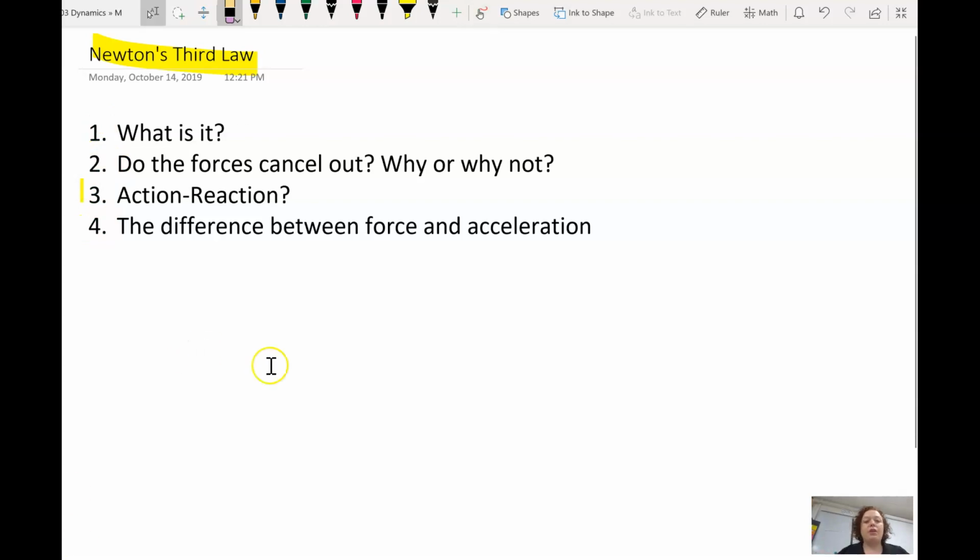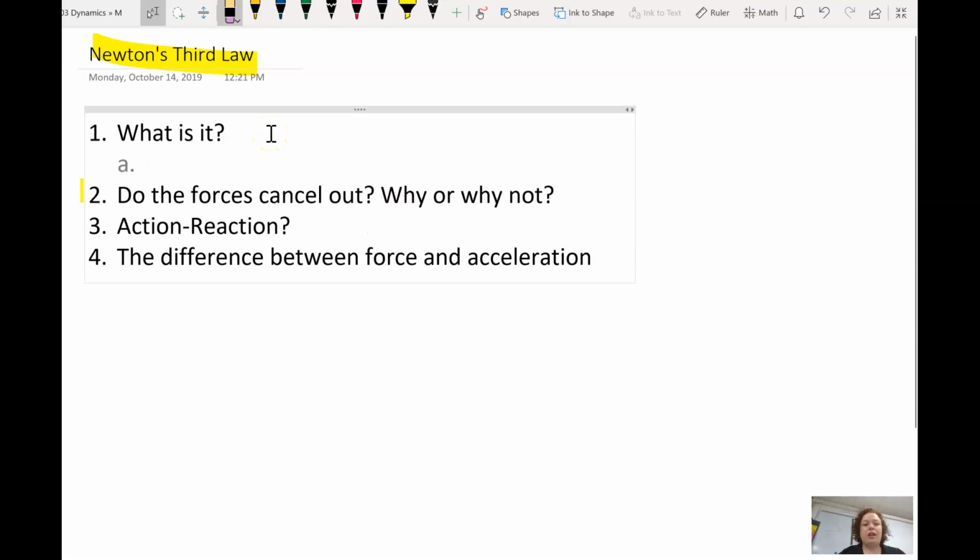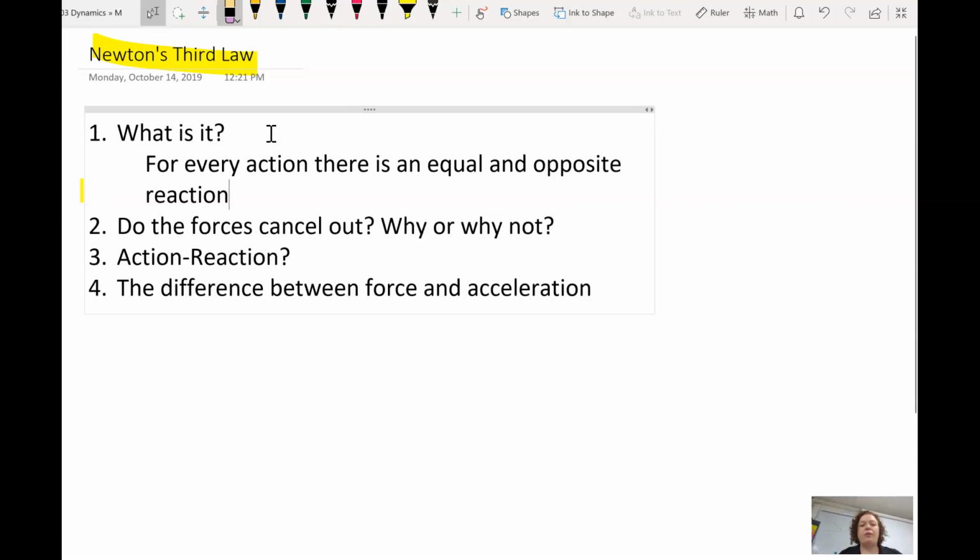Okay, so what is it? Newton's third law, we already remember this, y'all have heard it before, is that for every action, there is an equal and opposite reaction. Okay, all right. So basically, a force is an interaction between 2 objects.